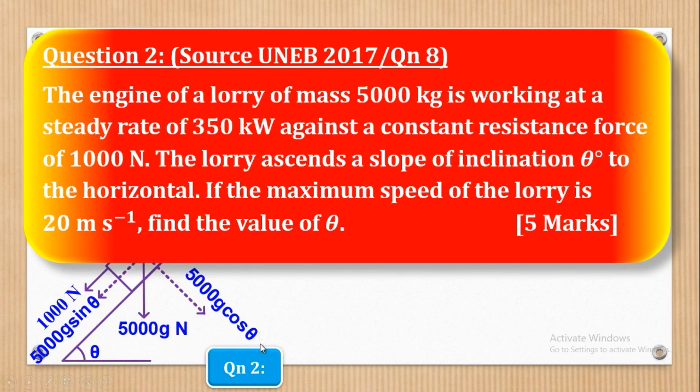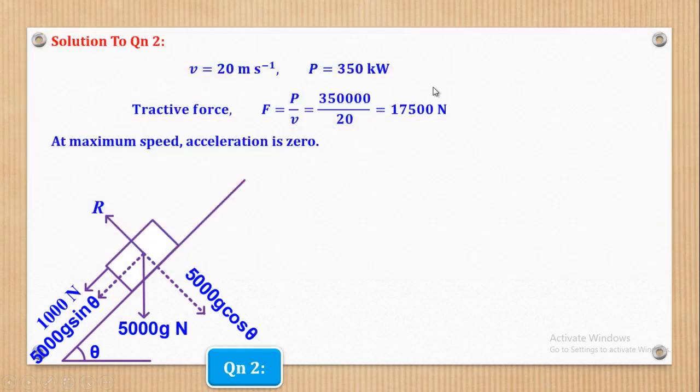We have also calculated the attractive force, or the pulling force, as 17,500 newtons, so we show it as 17,500 newtons. Then the lorry is moving up the plane, so we represent that by acceleration, but because it's at maximum speed, the acceleration will be 0. That's why you see here a equal to 0.